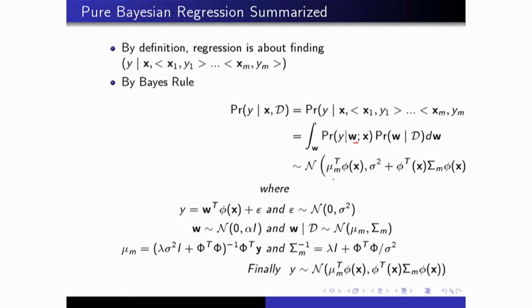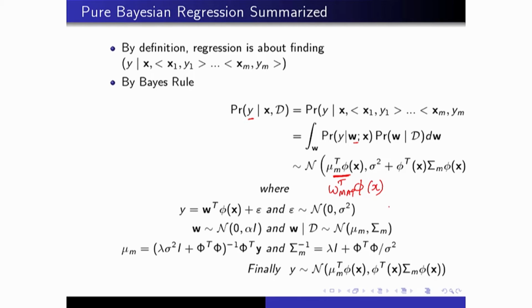So the posterior is very interesting. This distribution is a posterior over the output for a new input point x, and that has mean mu m transpose phi x, which is nothing but the MAP estimate for w transpose phi x, and it has a variance component.